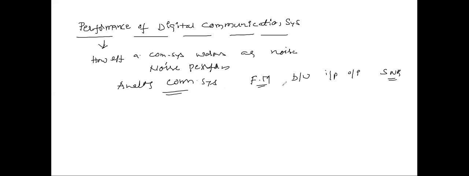By comparing input and output SNRs, we can have a figure of merit. With the help of the figure of merit, we can measure the performance. This is how we measure the noise effect in analog communication systems.